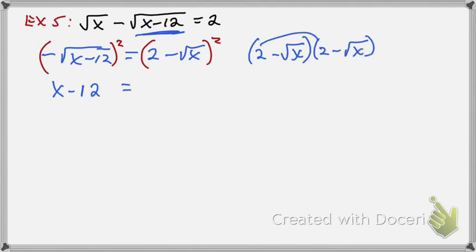So I say 2 times 2 is 4. 2 times the negative square root of x is negative 2 square root of x. Then negative square root of x times 2 is negative 2 square root of x. And then negative square root of x times negative square root of x gives me, what does that give me? Just x. Good.